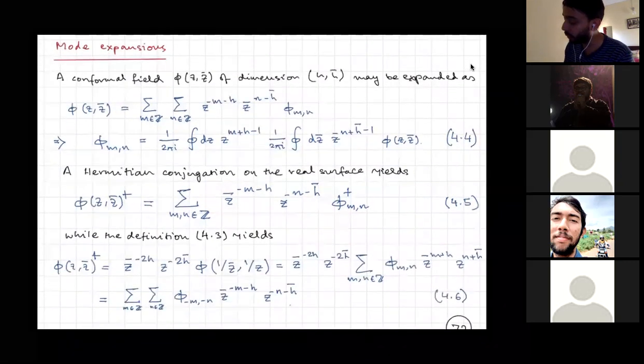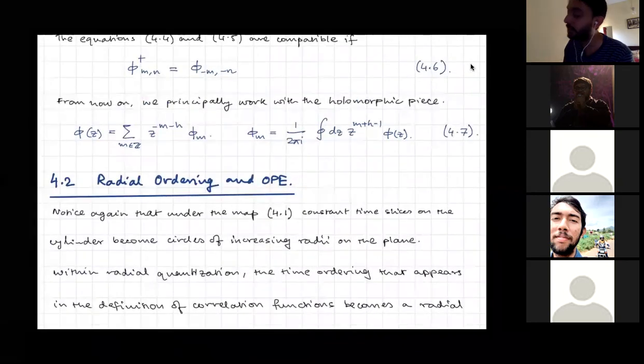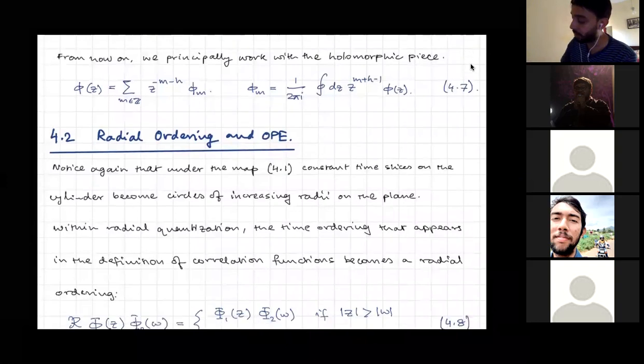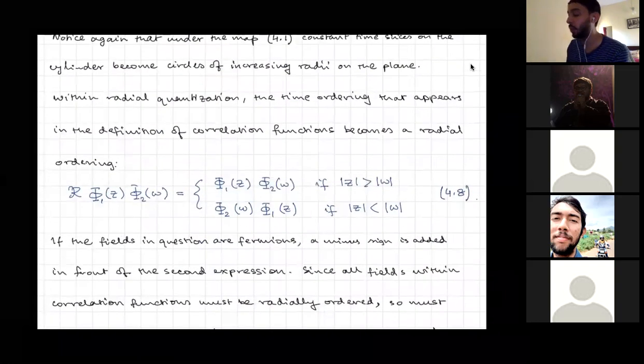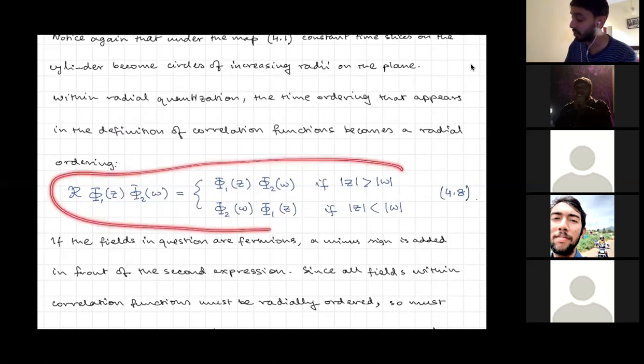Once we did that, the next important thing was the notion of radial ordering. The time ordering, which you were familiar with earlier, gets replaced for the CFT on the plane by radial ordering, which was given by this equation.